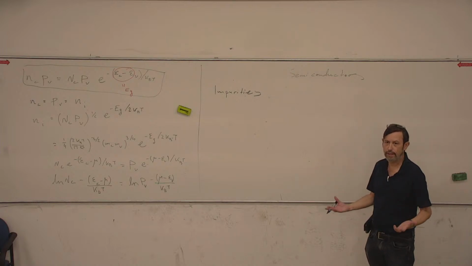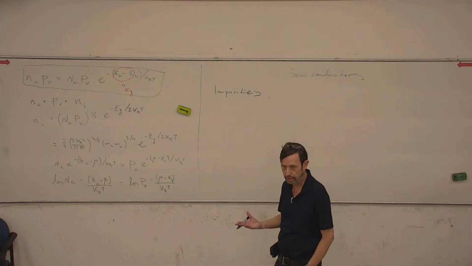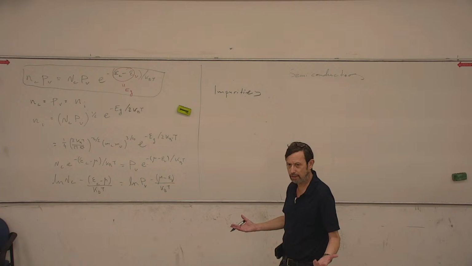If it's a pure lattice, all the atoms are silicon or germanium, whatever. They appear, of course, in the appropriate lattice structures of these materials, which tend to be diamond.